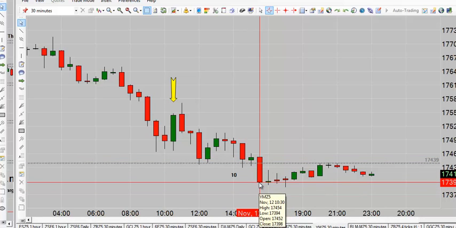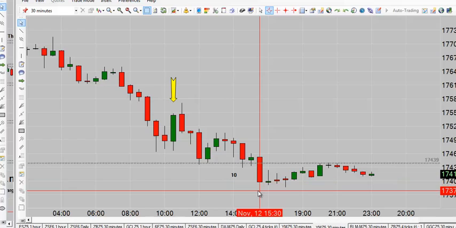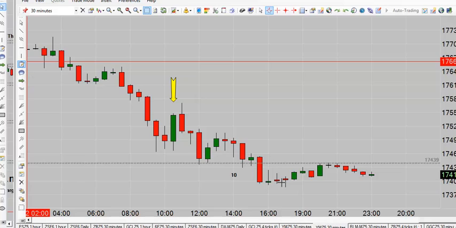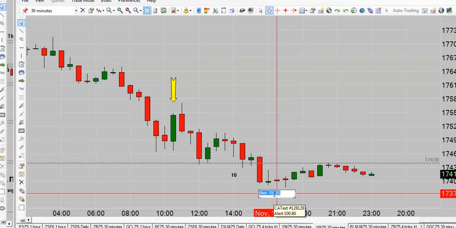Here we drop down to 17,394. So 439 minus 394 equals 45 points. The Dow, we don't do ticks, we just do points.